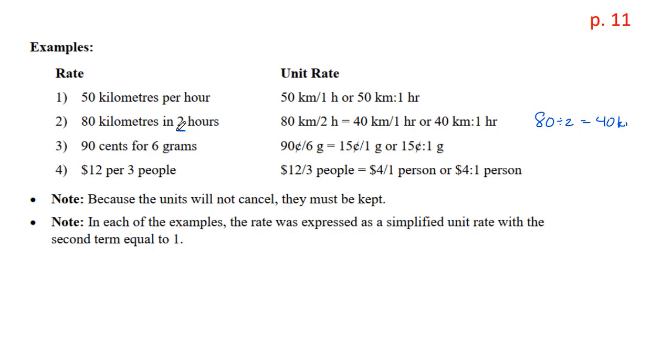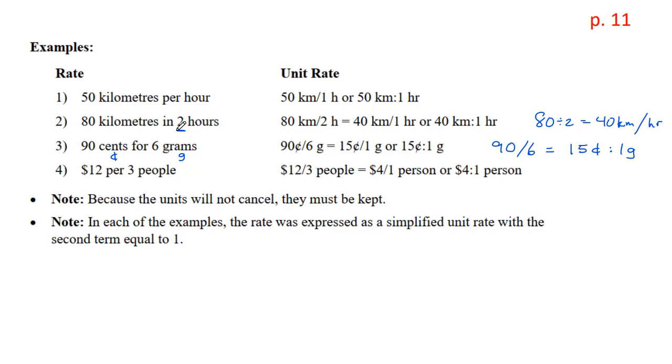So now we have 40 kilometers per 1 hour. For number 3, 90 cents for 6 grams, we're going to set that up as 90 over 6 and divide that. 90 divided by 6 is 15, so we'll get 15 cents per 1 gram.